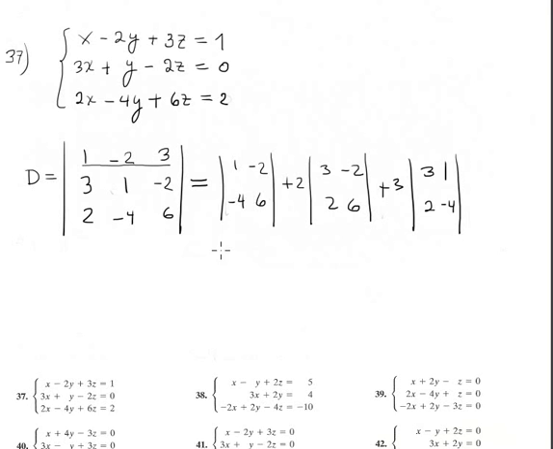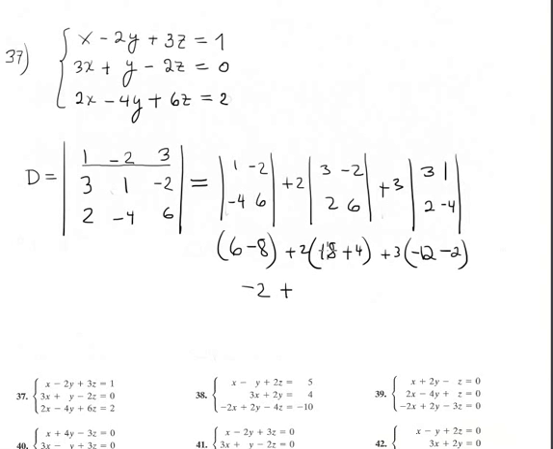Let's evaluate that. This is 6 minus 8 plus 2 times. This is 18 plus 4. This is 3 times. This is negative 12 minus 2. So this is negative 2 plus something.